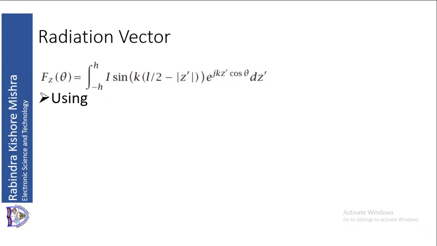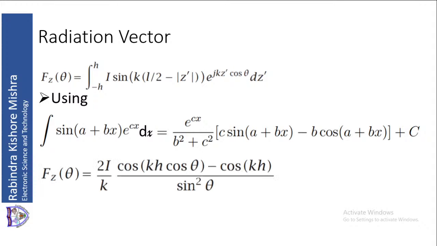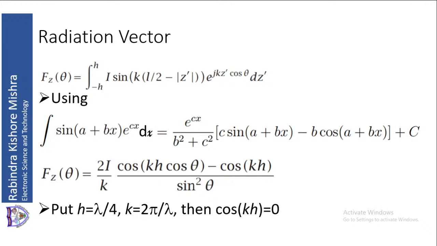Now use, as in the previous case, the same identity from the integration table, and that will give us Fz is equal to 2I by k (cos kh cos theta minus cos kh) by sin square theta. This we have already seen. Now put h is equal to lambda by 4 and k is equal to 2 pi by lambda.